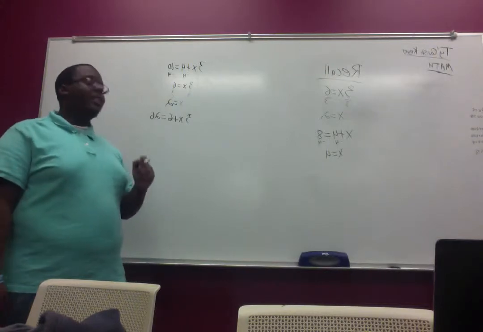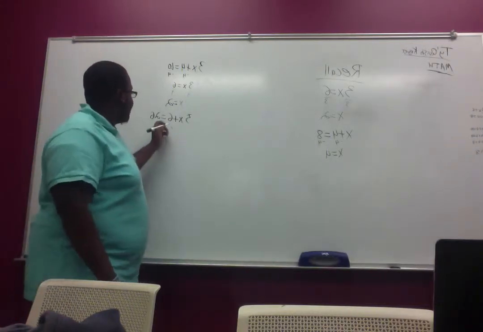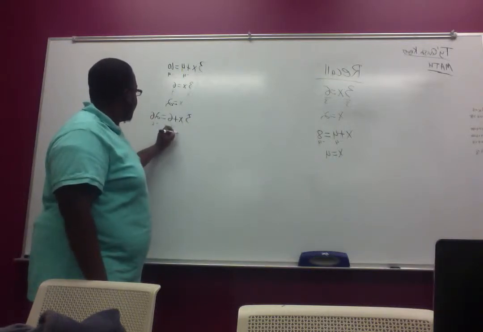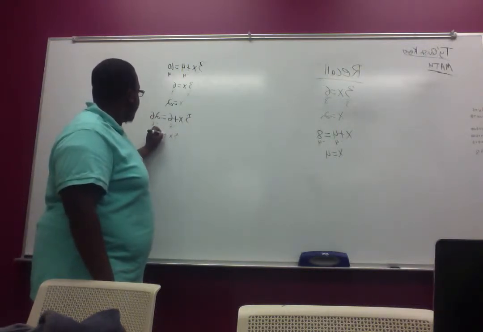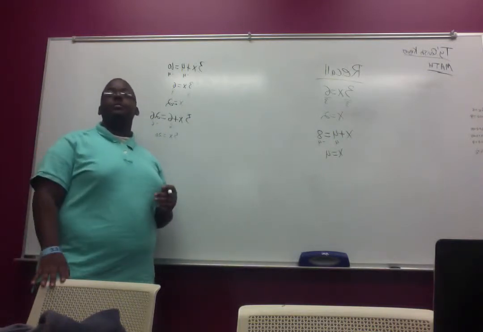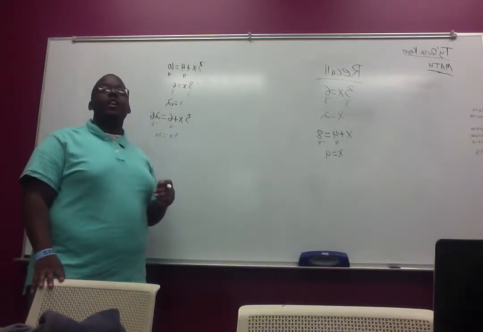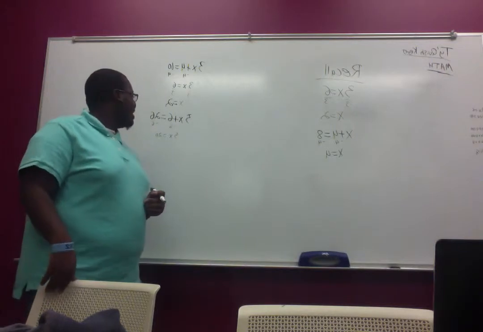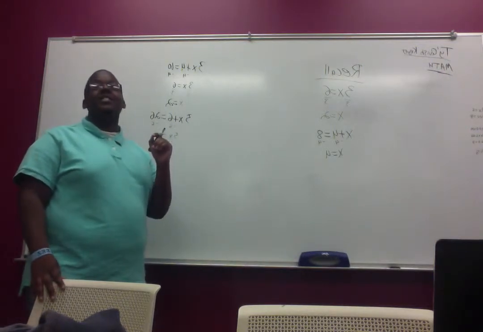Subtract 6. Yes, subtract by 6. Can anyone tell me what we do from here? Divide by 5. And why is that? Inverse operation. Close. You want to isolate the variable.